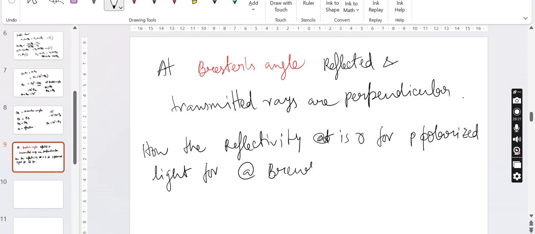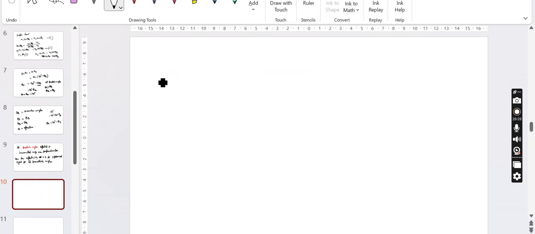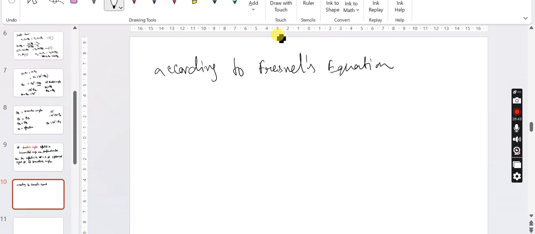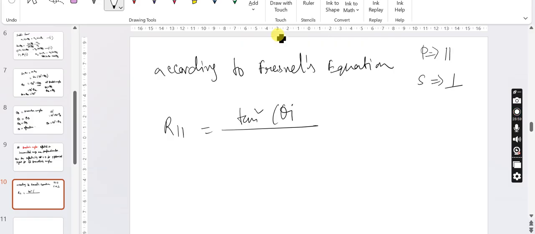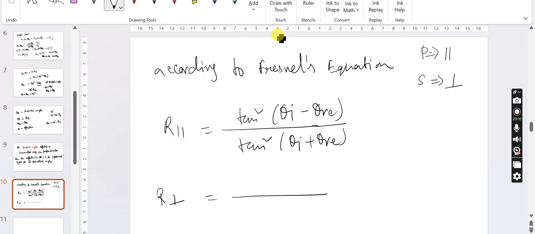This point of investigation is given by the square of this theta.